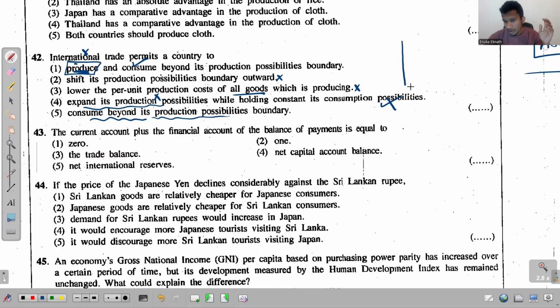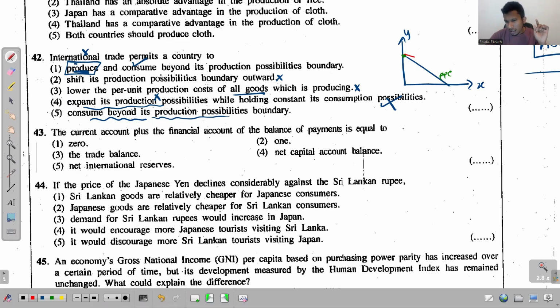Imagine that this is good X and this is good Y, and this is the PPC related to this country. Just assume that they are going to specialize in producing this good Y. If so, nothing happens to the PPC, it will just be the same PPC.